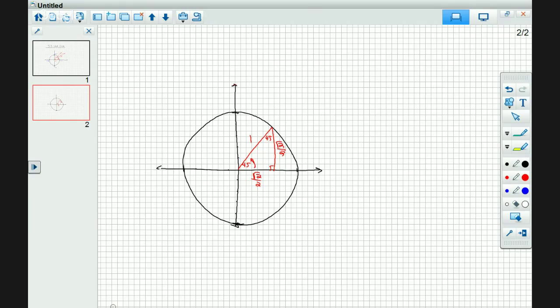What is the cosine of 45 degrees? The x value, root 2 over 2. What's the sine? Root 2 over 2, the y value. So cosine 45, sine 45.